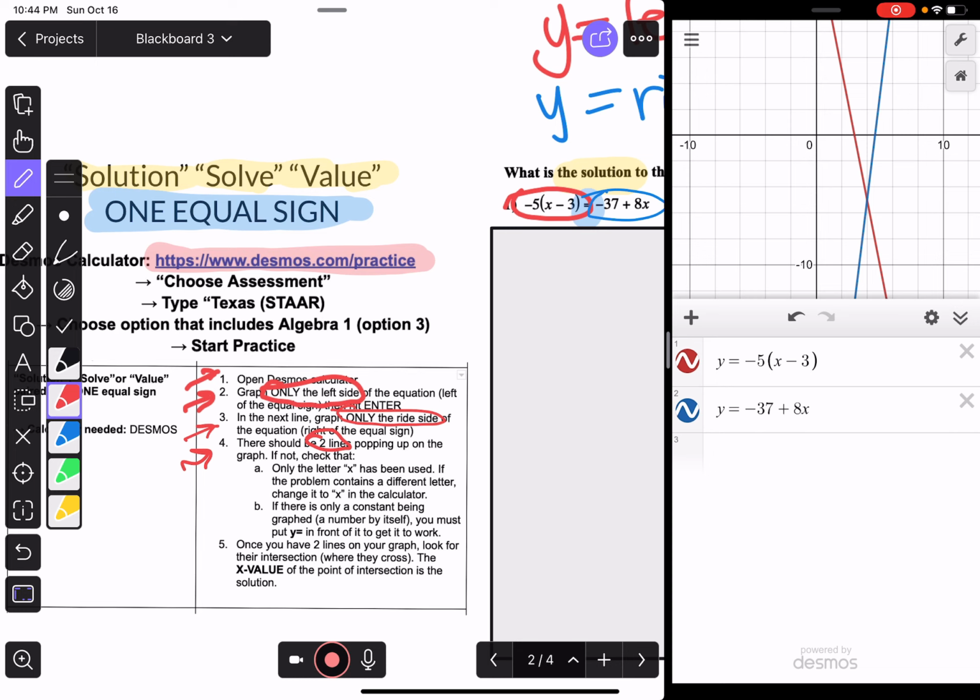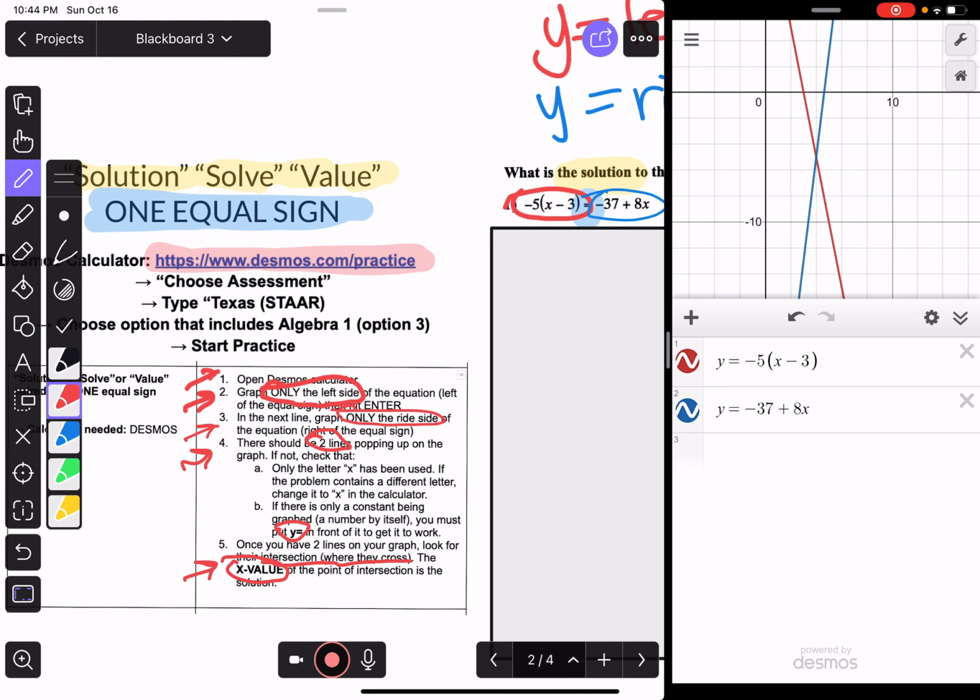We'll see some problems that have a different letter, and we want to make sure that we're using x every time. Also, it could be that you forgot your y equals, so make sure to check that. But if both your lines are popping up, then we can go ahead and skip to step number 5, which is to look for the intersection, or where the lines cross. The x value of the intersection is our solution.